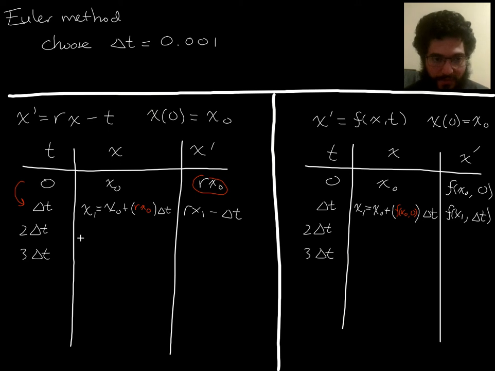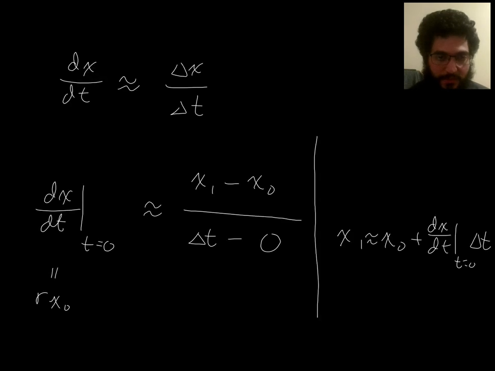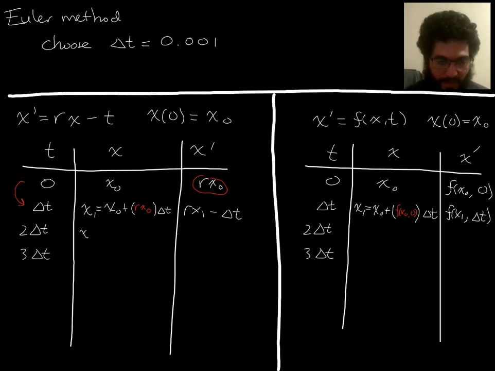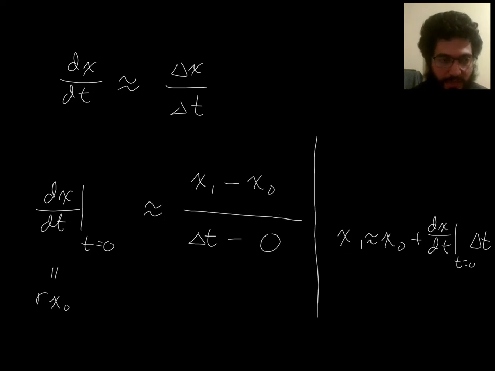And now we can use that to make a prediction as to what the next step is going to be. So let's see. This is going to be x2, and I'm wondering, what is x2? Well, what I'm interested in now is this step. What changed from here to here? So x changed from x1 to x2, and t changed from delta t to 2 delta t. So in this kind of analysis that I was making here, I'm looking at the change from x1 to x2, so this is the difference.